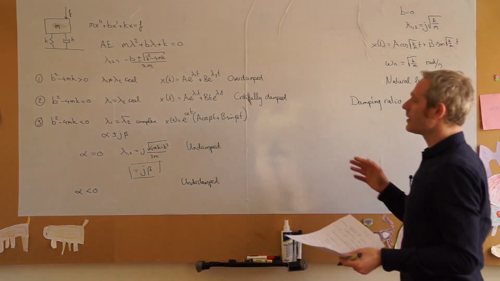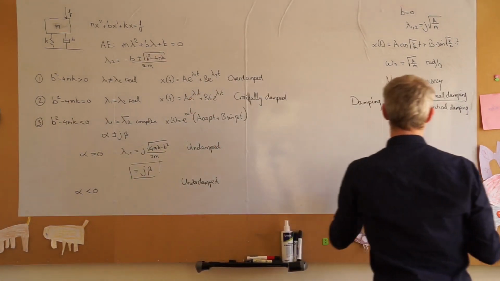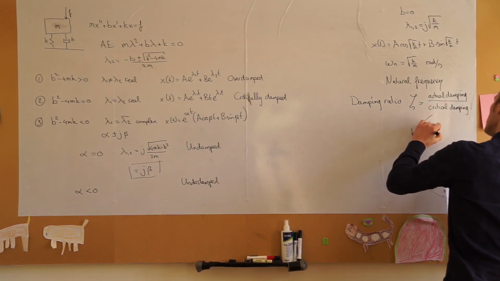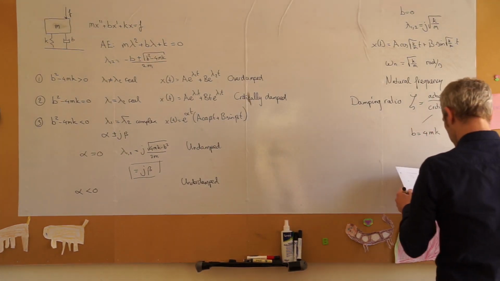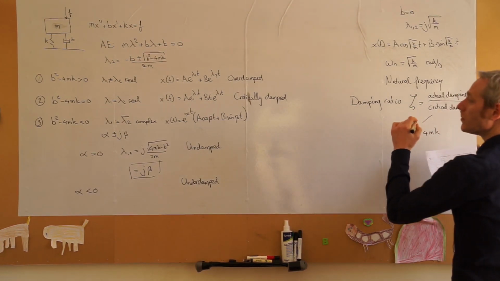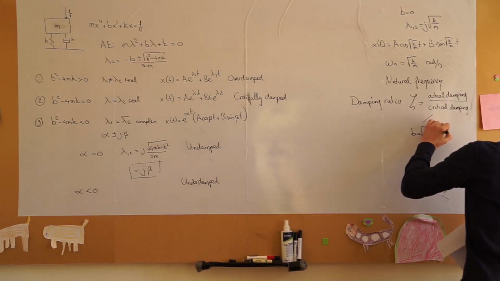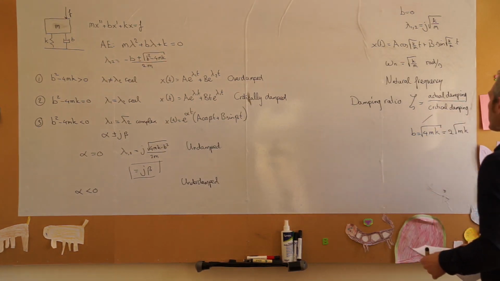And in our case, the critical damping is where B is equal to the square root of 4 times M times K, which is equal to 2 times the square root of M times K.